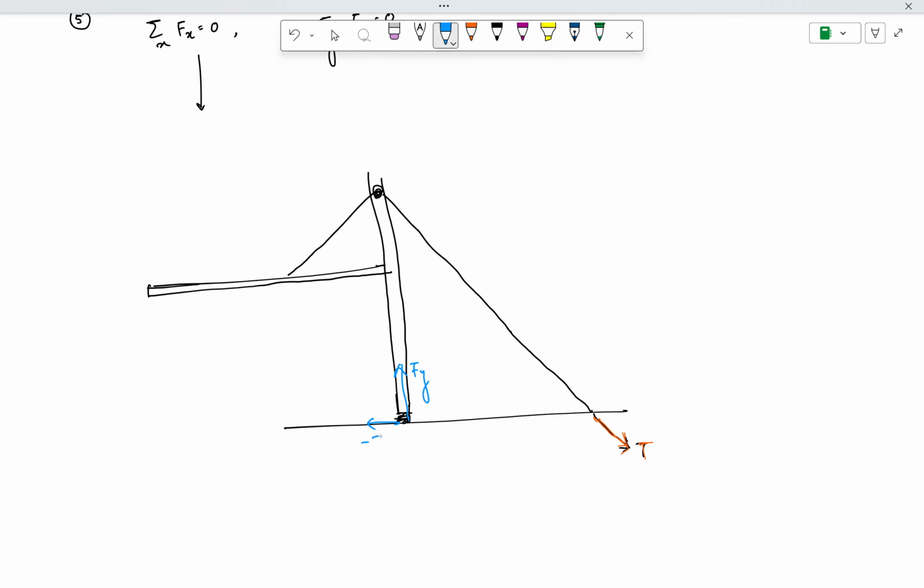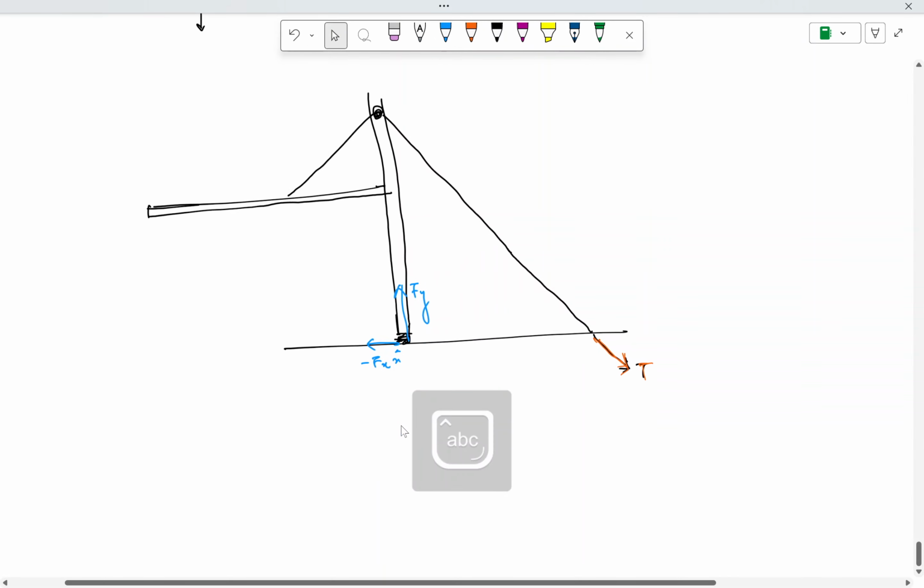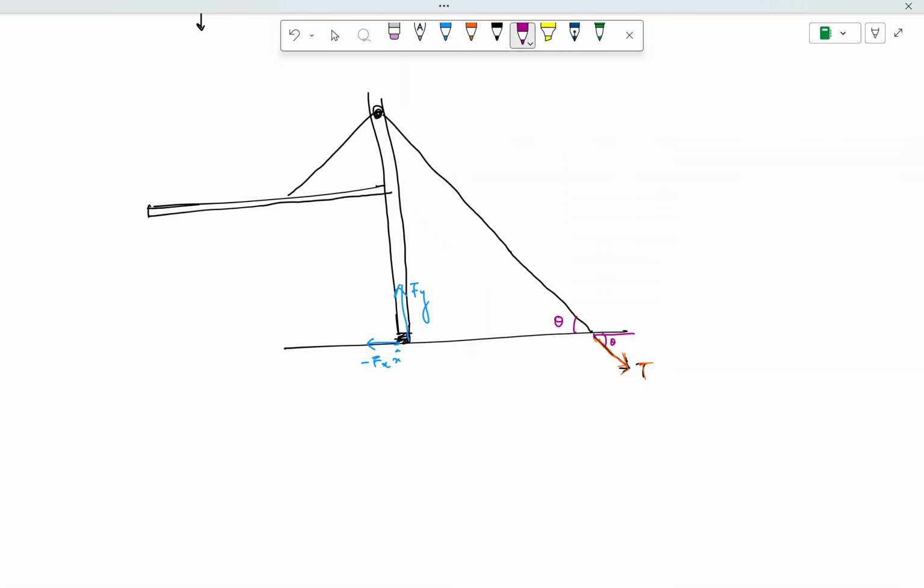And this is minus Fx, because it is in the minus x cap direction. And you can also divide your T into x and y components. So if this angle is theta, then this angle is also theta. So this is your T cos theta, and this will be your T sin theta.